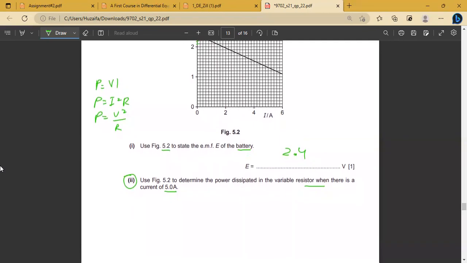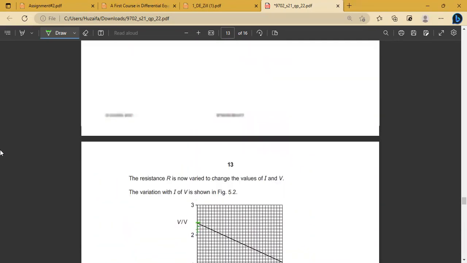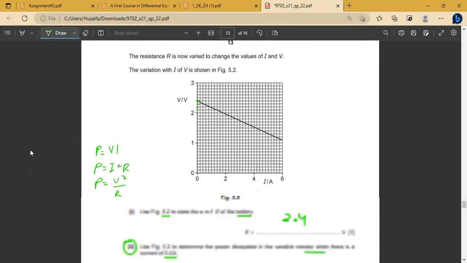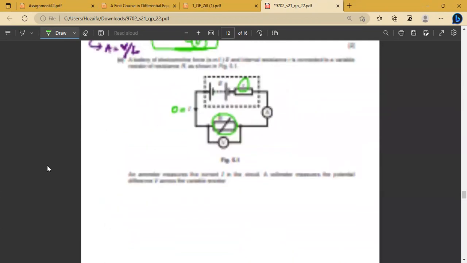We are given the current in the circuit. The current value is not zero, it is 5 ampere, so there will be some potential drop across this resistor R. He is asking for the power dissipated by the variable resistor.